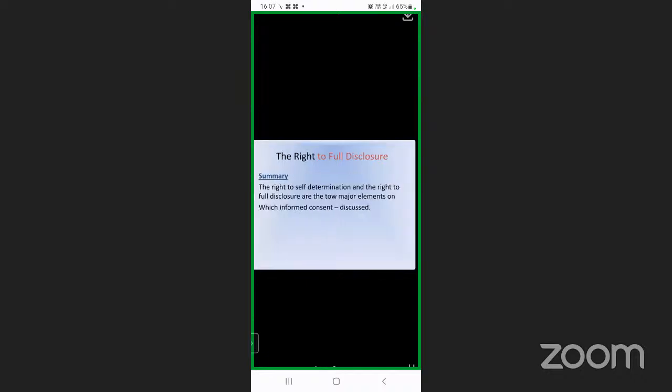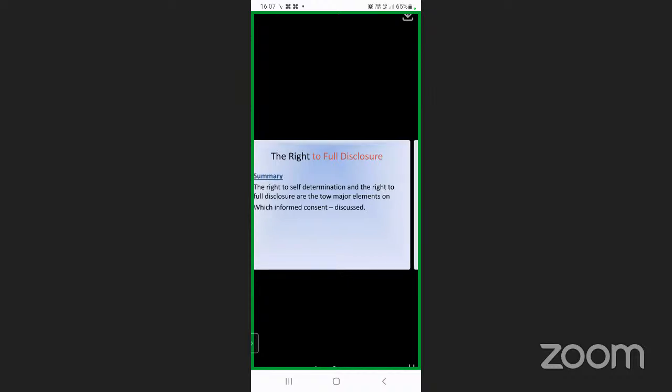Then summary: self-determination and the right to full disclosure are the two major elements on which informed consent is based, or at least we must disclose or discuss them with that participant.